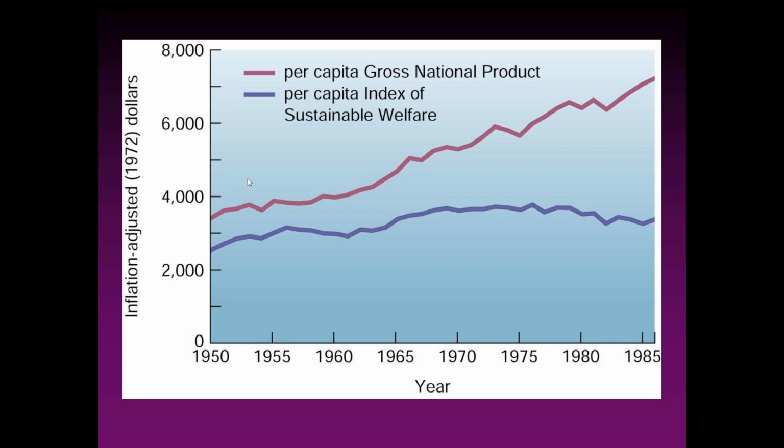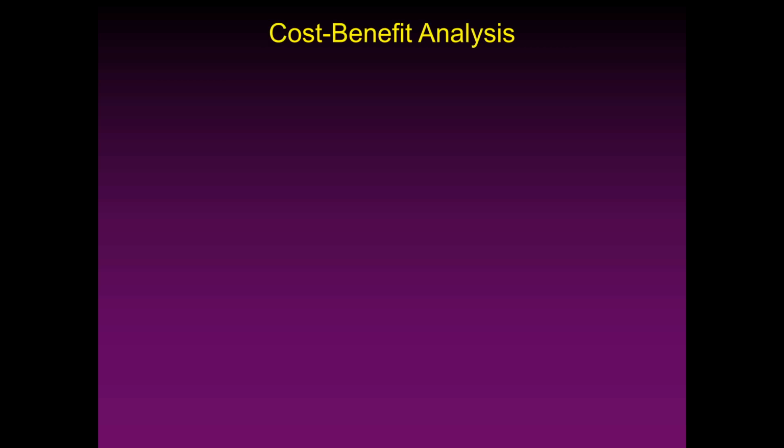So you could see that per capita gross national product has increased while your ISW has increased slightly, but it tends to be pretty stable. And there's a lot of factors that can go into that. I would explain it a little more, but I'm running out of time.